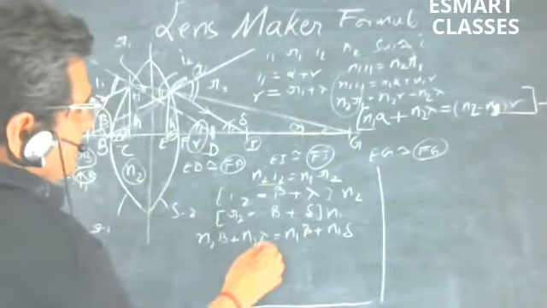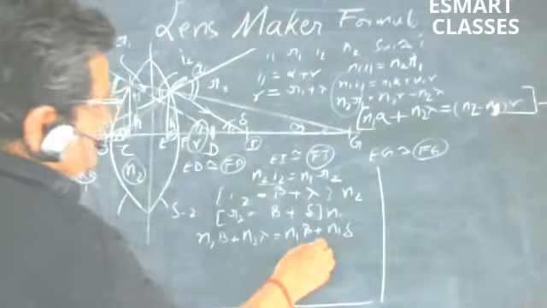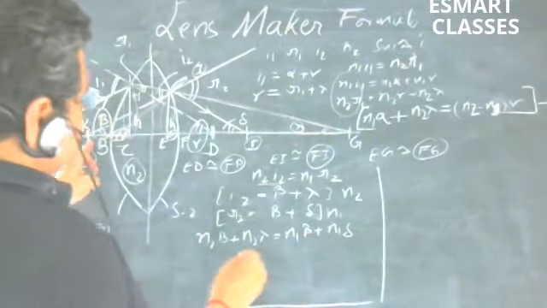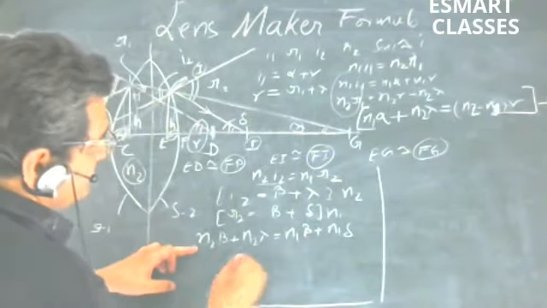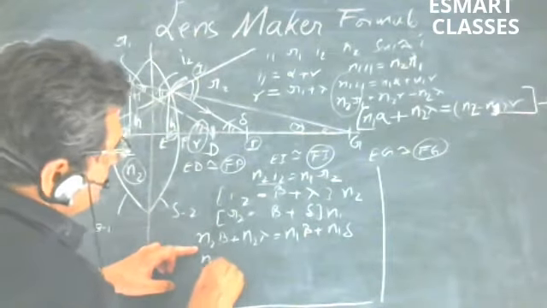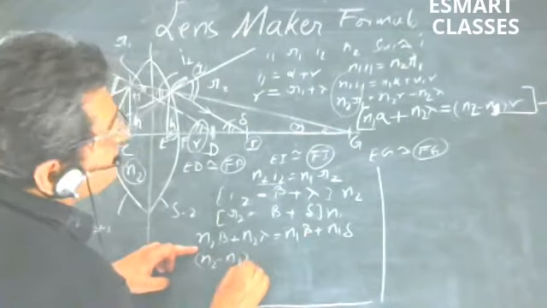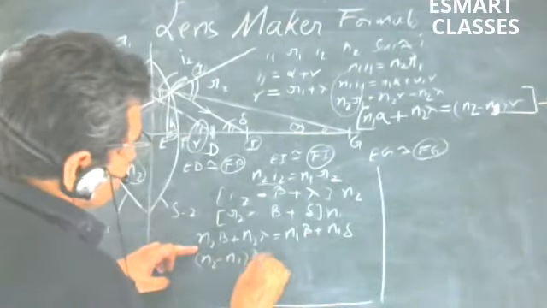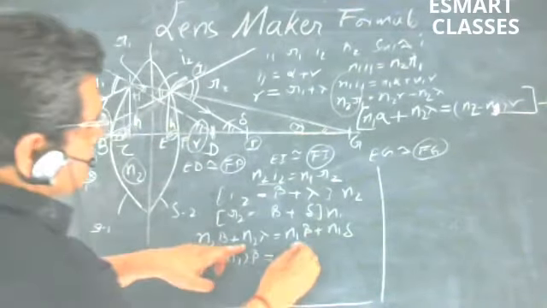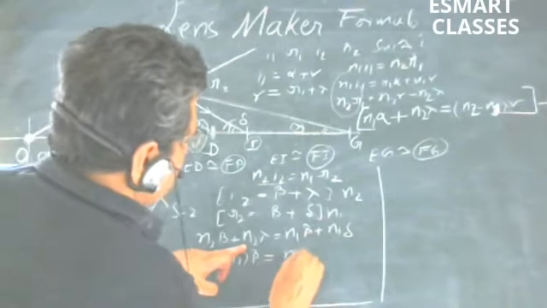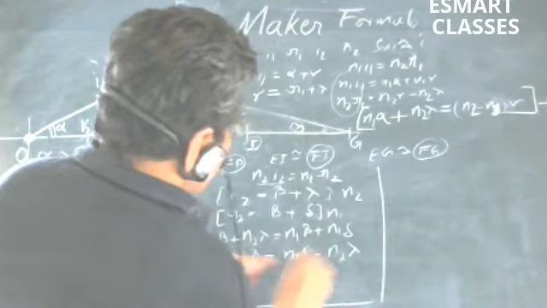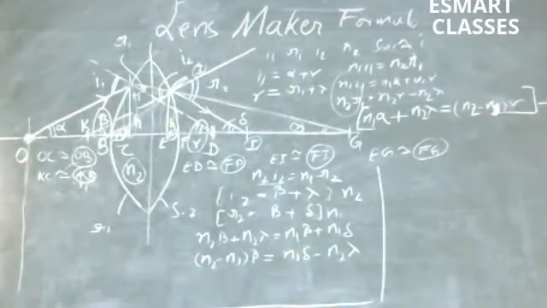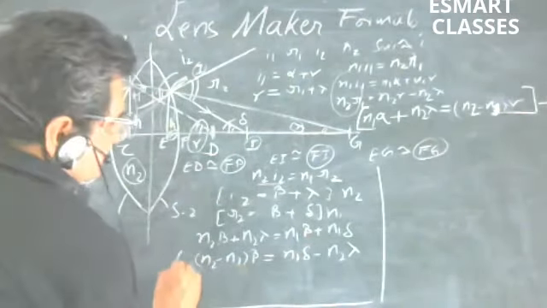So you bring this on that side, beta is the angle which pertains to the radius. So we'll write it like this: N2 minus N1 into beta is equal to N1 lambda minus N1 delta minus N2 lambda. Now this is the relationship number 2.